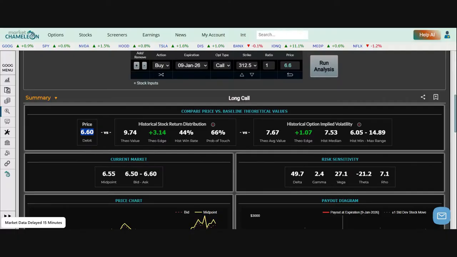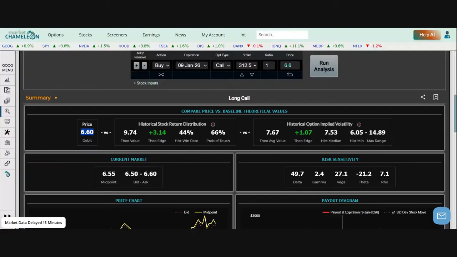And then the question is, if we buy it for 660, how many of those observations in our history did the stock move enough to make the option worth more than 660?